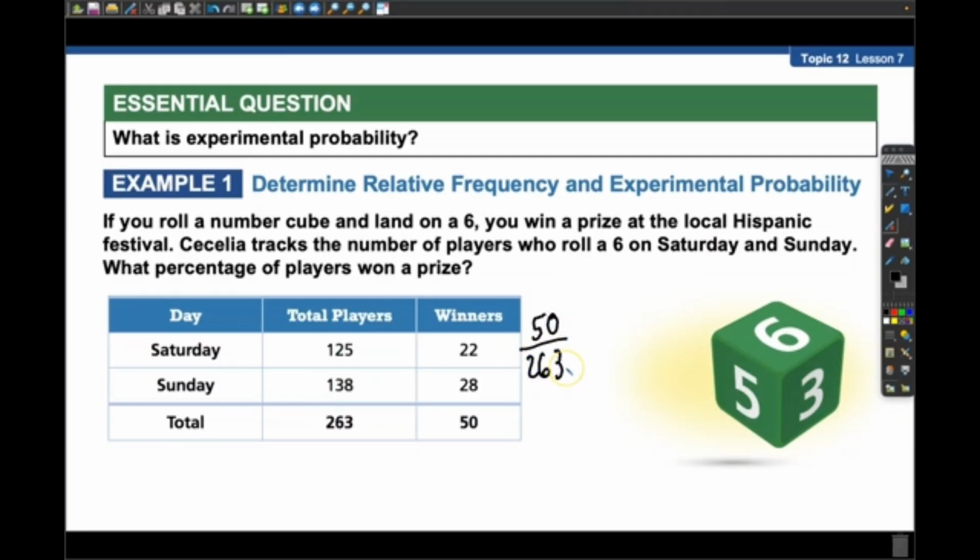Okay? So if you take out your calculator, 50 divided by 263 gives you 0.190114068444106, and so on. We're going to round to the nearest whole number.